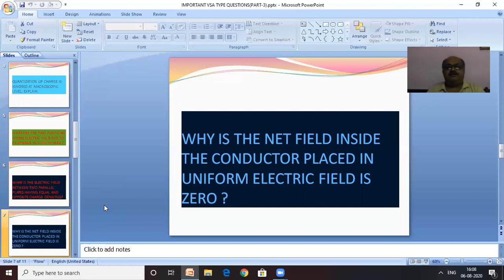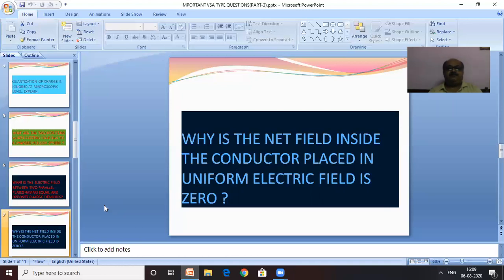Next question, why is the net field inside the conductor placed in uniform electric field 0? As you know, when any conductor is placed in an electric field, between two plates having equal and opposite charges, then polarization takes place.